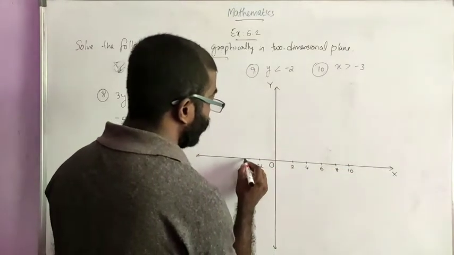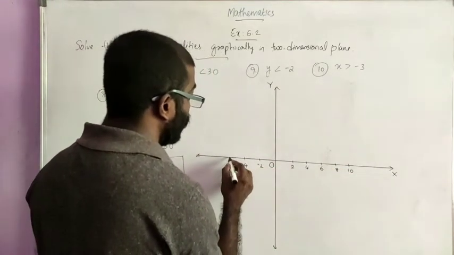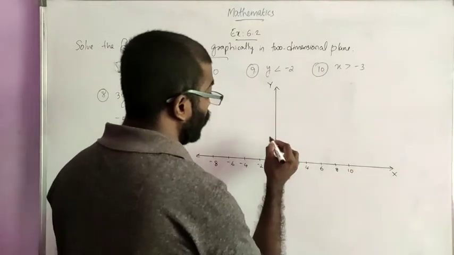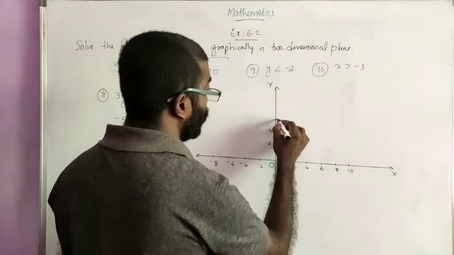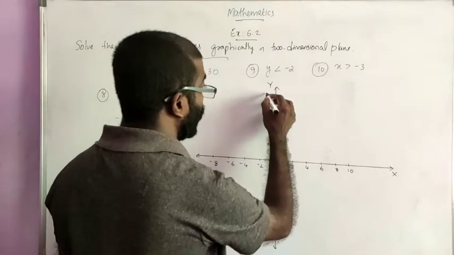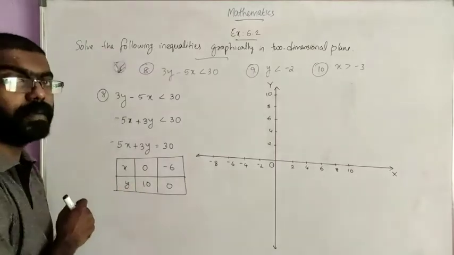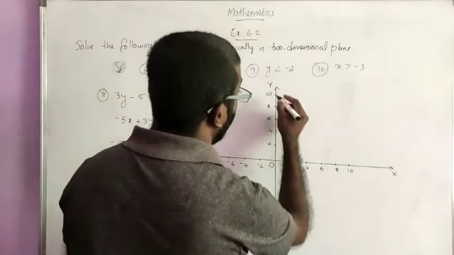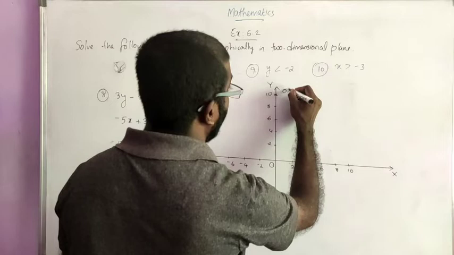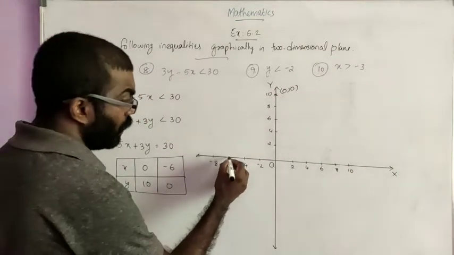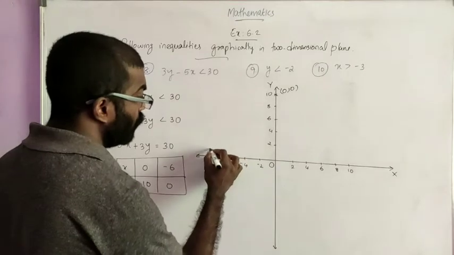Here minus 2, minus 4, minus 6, minus 8 and so on. Here 2, 4, 6, 8, 10. First point is 0, 10. Here we can mark it 0, 10. Minus 6, 0. Here minus 6, 0.